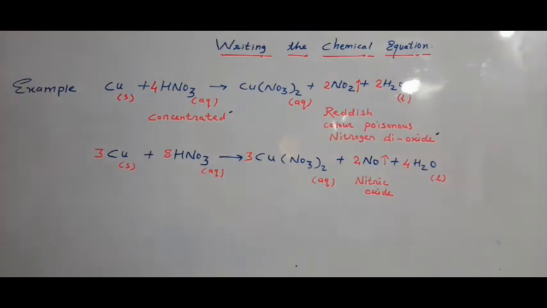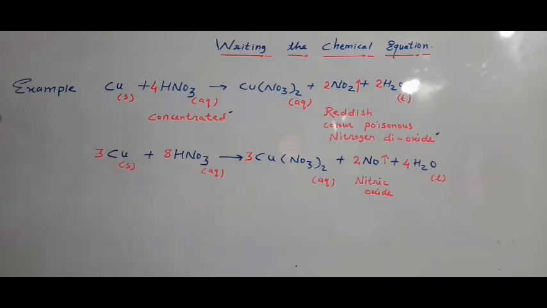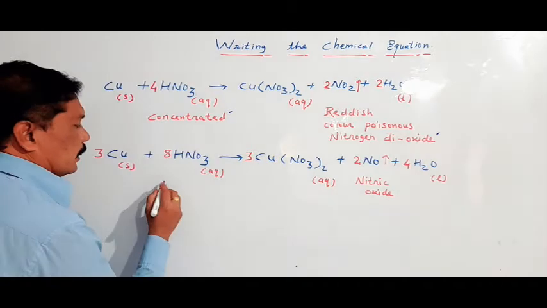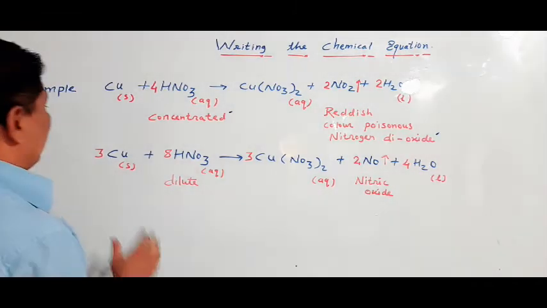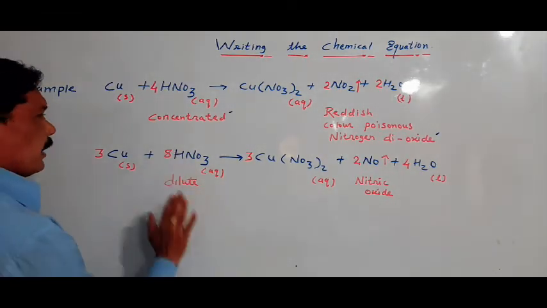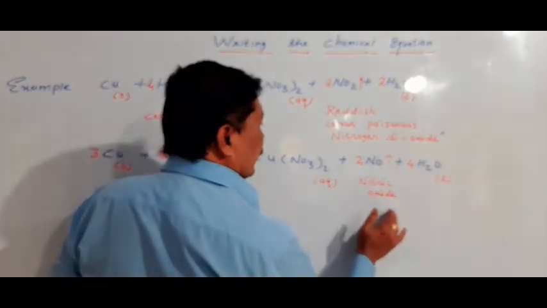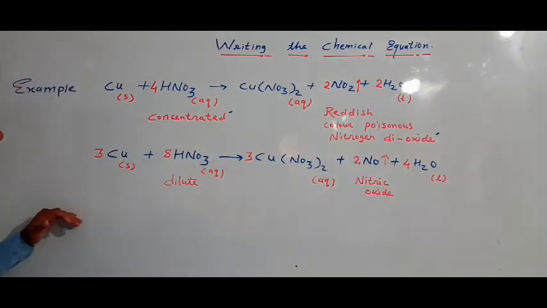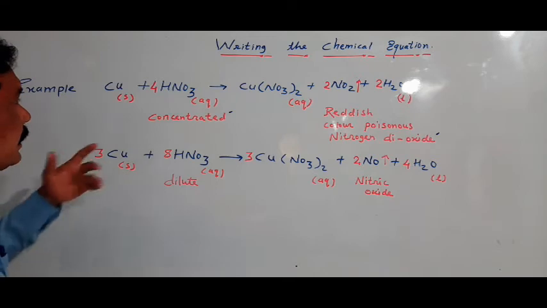The other equation which we have taken in consideration is copper reacting with nitric acid. But here the nitric acid which is used in the equation is dilute. And when copper reacts with dilute nitric acid, we get nitric oxide in the product. If we consider both the equation, we will find that we have extra information regarding the acid present in the reaction.